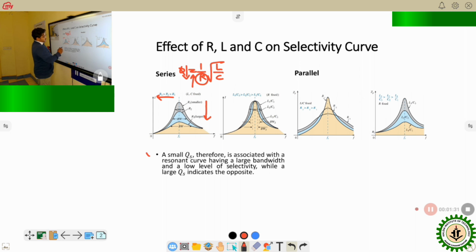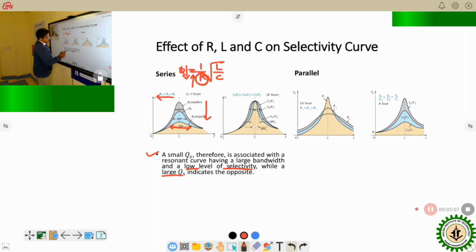The statement written here for series resonance is that a small Qs is associated with a resonant curve having a large bandwidth. Small Qs means a larger value of R, and due to that the bandwidth will be more. More bandwidth means lower selectivity.